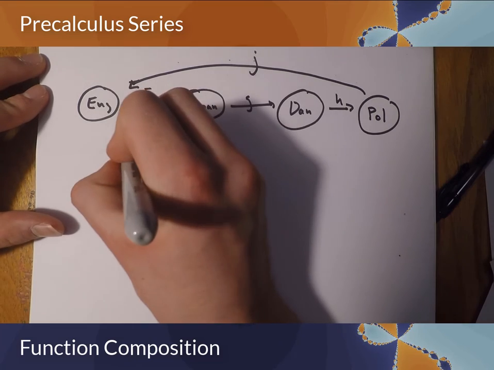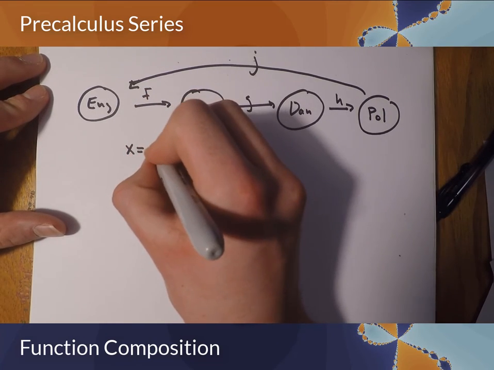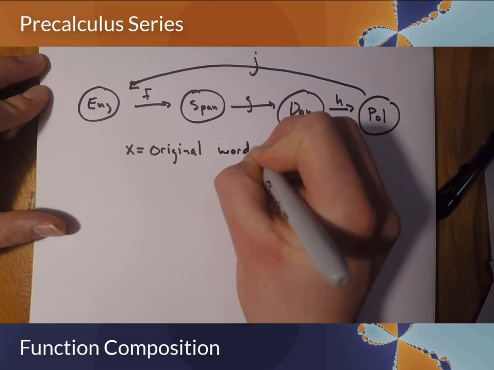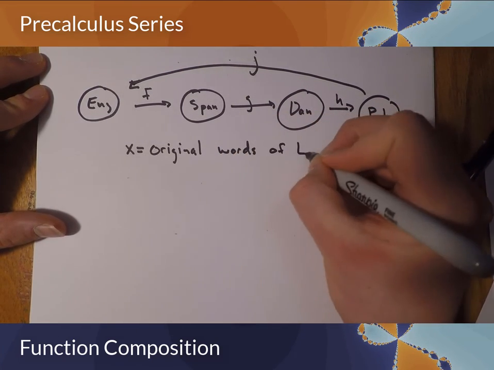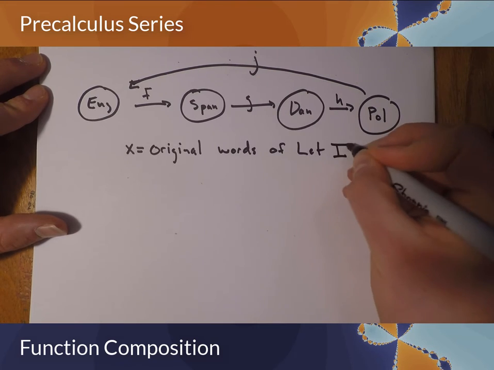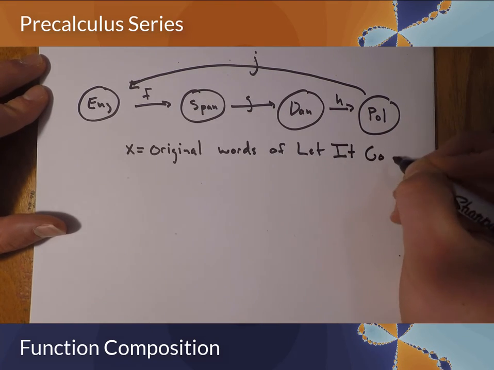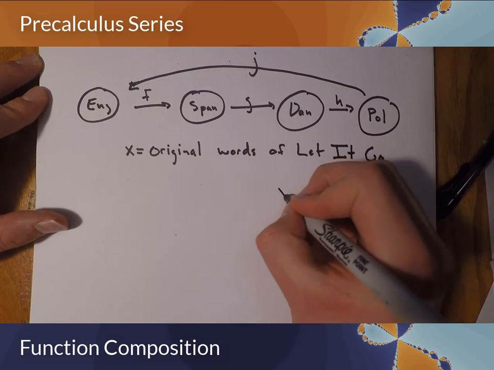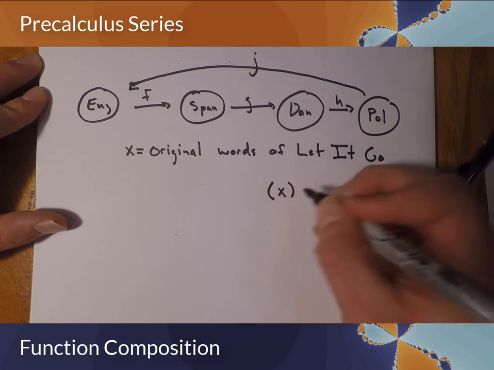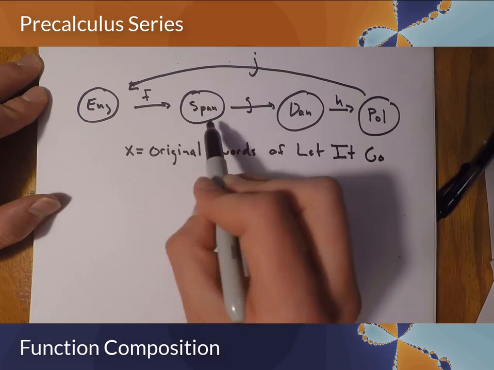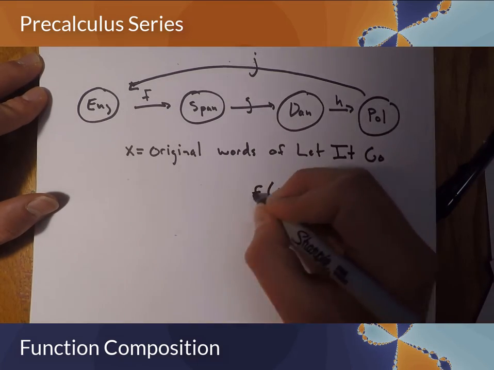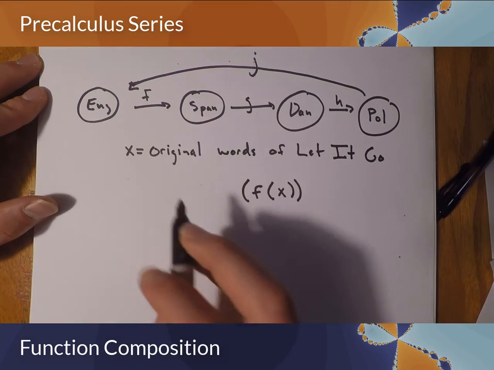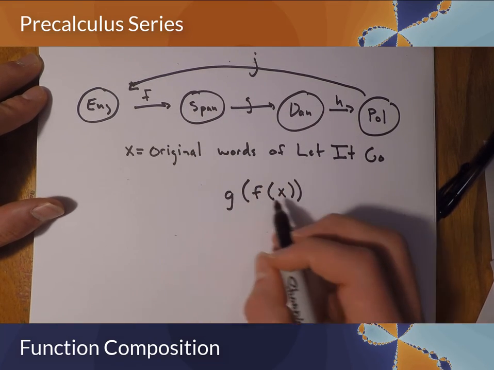So now if I let x be the original words of Let It Go, basically you can model it using function composition. So here's x, and to represent the function that translates the English words into Spanish, I just write f of x. To represent how these words translated into Spanish are then translated into Danish, it's g of f of x.